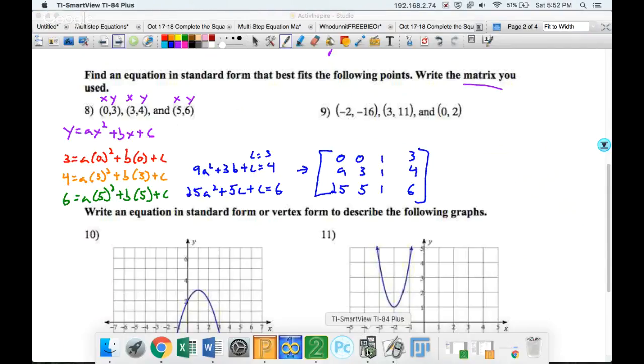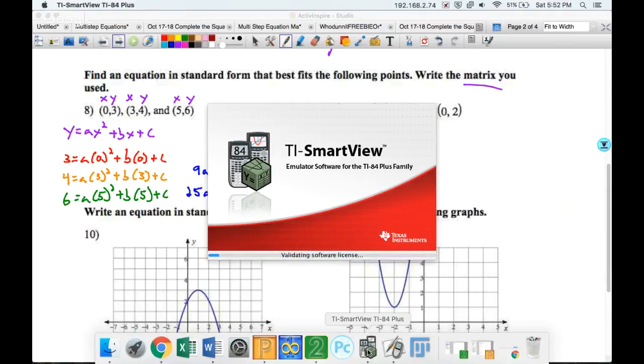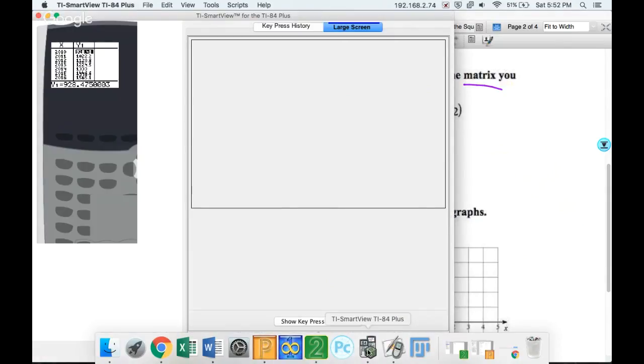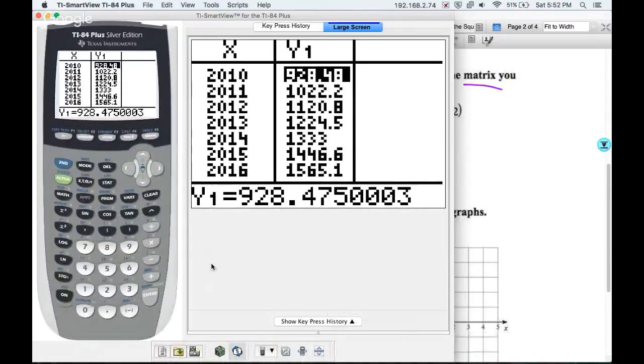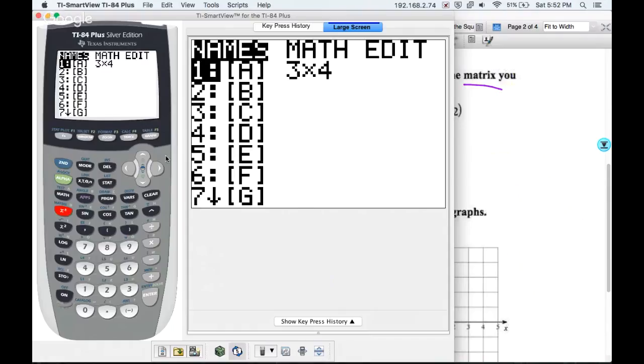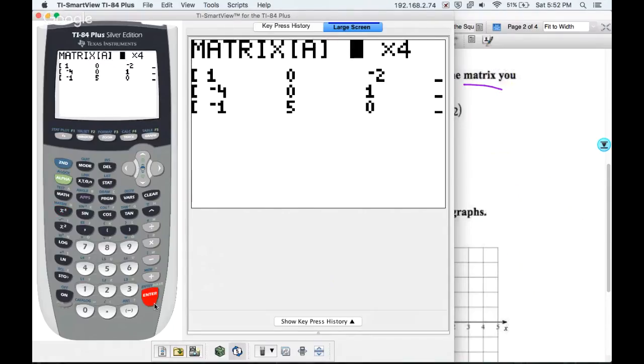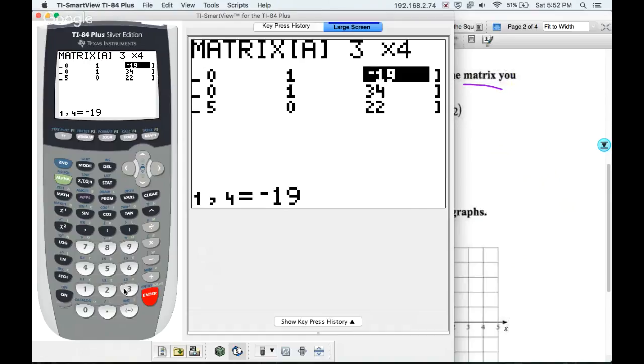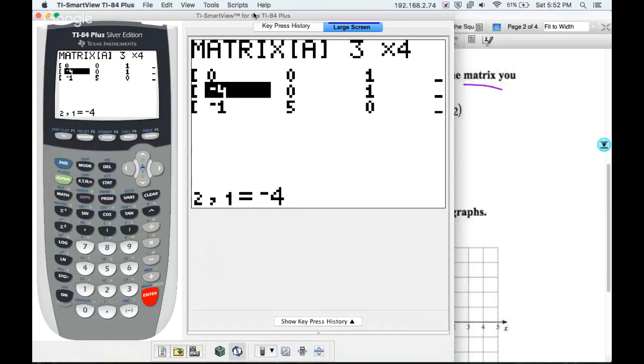So I'm going to open up my graphing calculator. I'm going to go into the matrix by pressing second matrix, going over to edit, filling in those values: 0, 0, 1, 3.